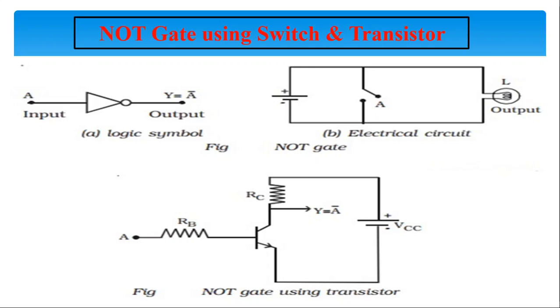The low level at the input produces a high level and high level at the input produces a low level. In terms of bit, it changes 0 to 1 and 1 to 0.